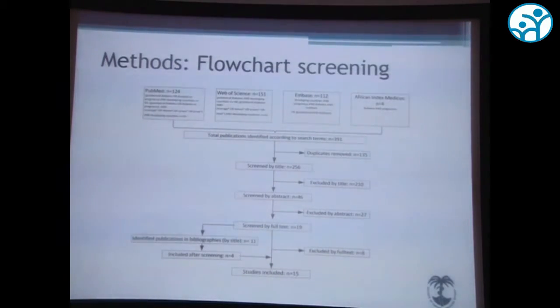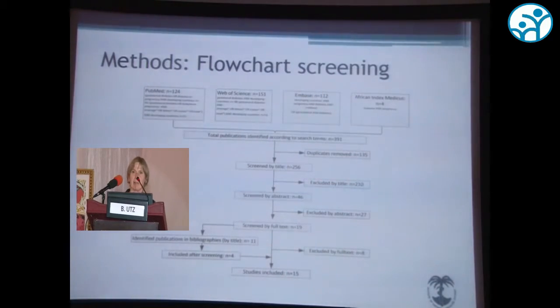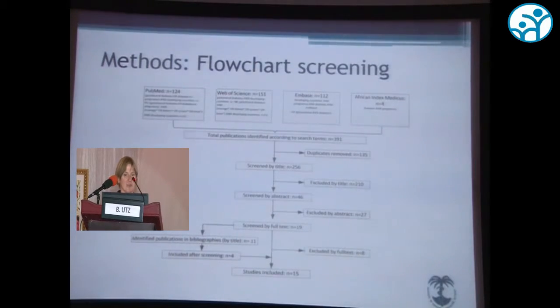In order to learn about the practice of gestational diabetes management in lower income countries, we did a scoping review of the literature, and we looked at PubMed, Web of Science, Embase, the African Index Medicus. We screened for keywords such as gestational diabetes, diabetes in pregnancy, low income settings, manage, detect, treat, screen.